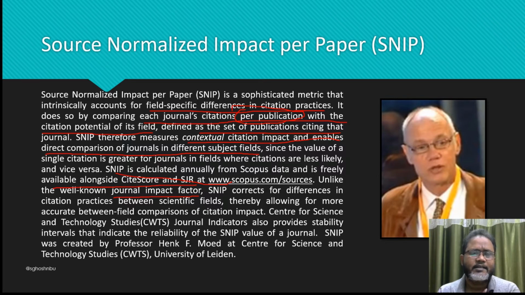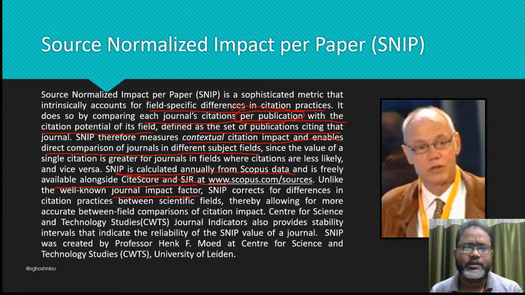SNIP is therefore a measure of contextual citation impact that enables direct comparison of journals in different subject fields, and these are calculated annually from Scopus data and are freely available from Scopus sources.